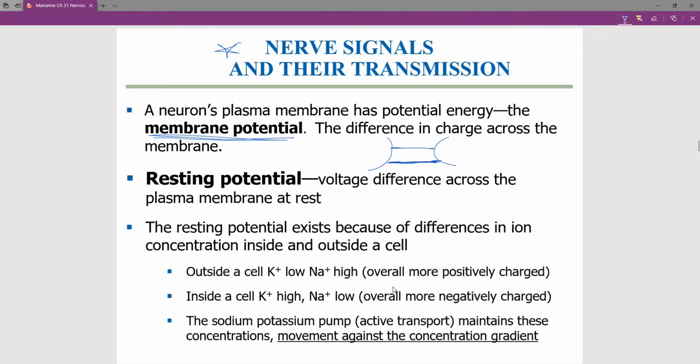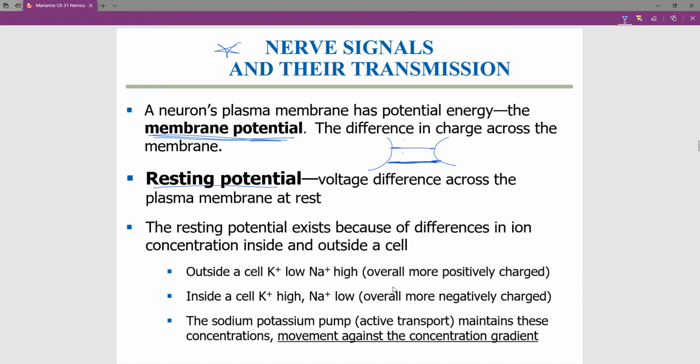So if I talk about membrane potential or energy potential, there is a difference in charge across the membrane. From inside to outside, there is a difference of charge. We say that it is negative charge, but really what we're saying is that it's less positive. When a neuron is resting, we say that it is negatively charged.